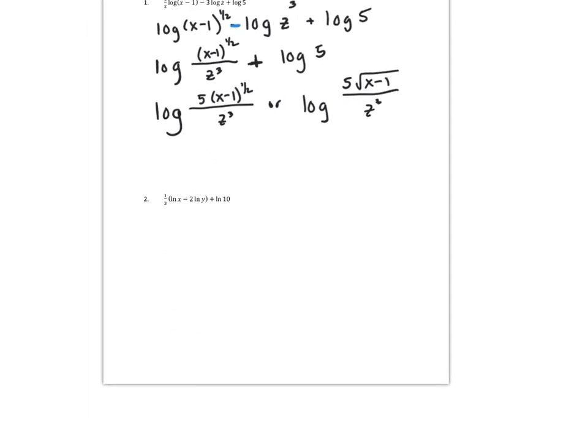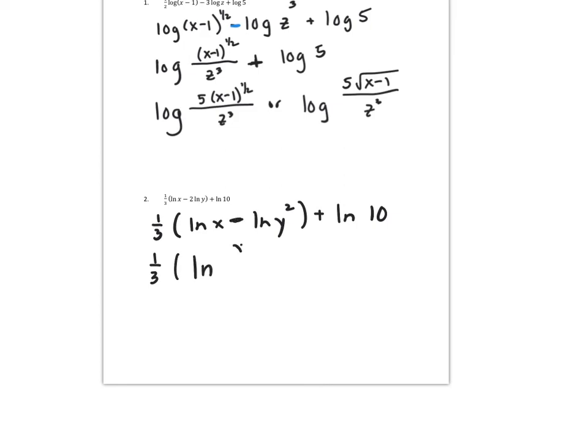Number 2, 1/3 ln of x minus 2 ln of y plus ln of 10. All right, this is 1/3 ln x minus ln y squared plus ln of 10. This is 1/3. You've got subtraction here.